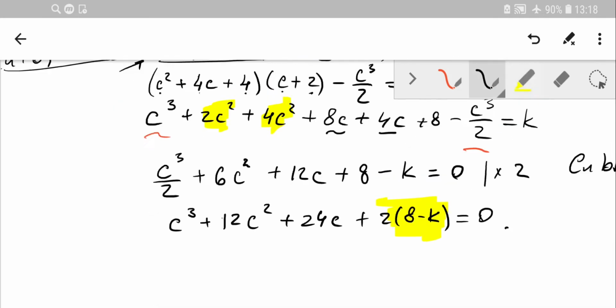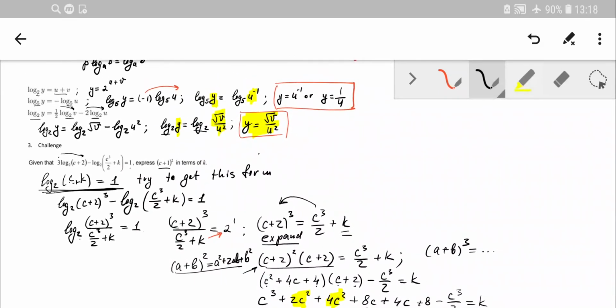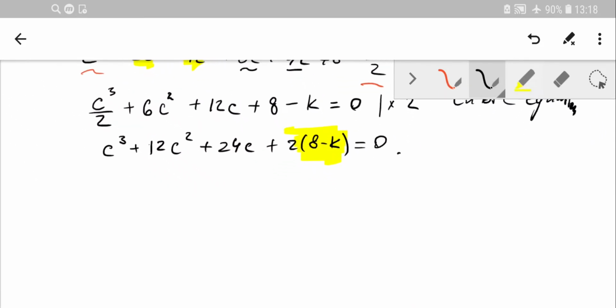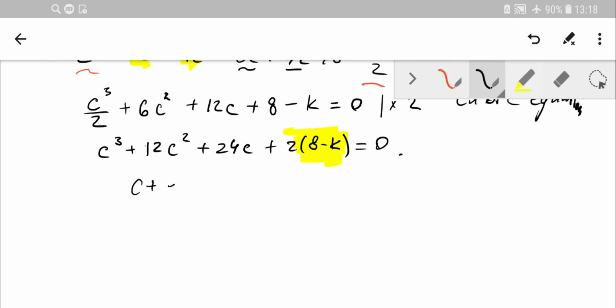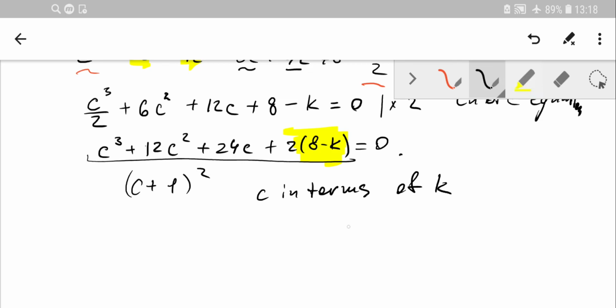And we are supposed to express (c + 1) squared, so can we figure out what (c + 1) squared is? I'm not really sure, because it's unlikely that we can find this term here. If you're able to express c in terms of k, we can get an expression where c is connected with k. And then you simply need to add 1 to that expression and square it.